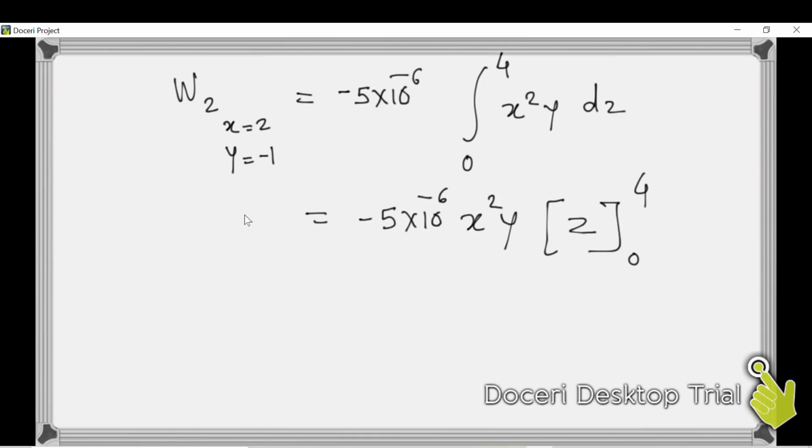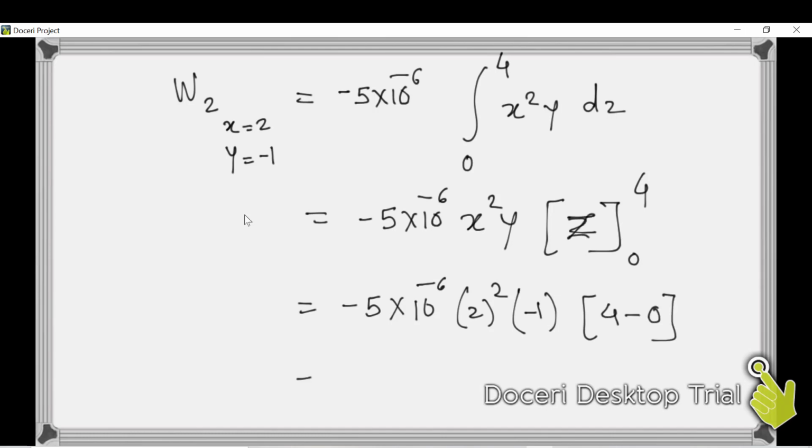Now we will get some value here, because we will put x equal to 2, so it is 2 square, y equal to minus 1, so minus 1 into 4, this is z, 4 minus 0, so that will become 4 into 4, that is 16, minus minus plus 16 into 5, 80 into 10 raised to minus 6.